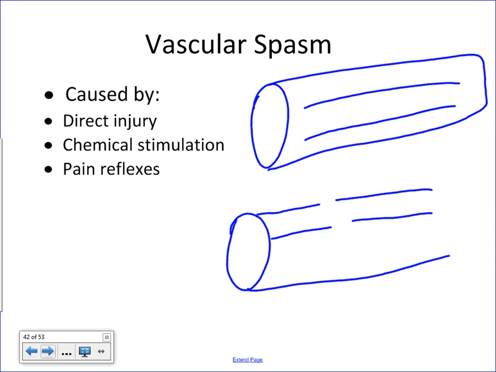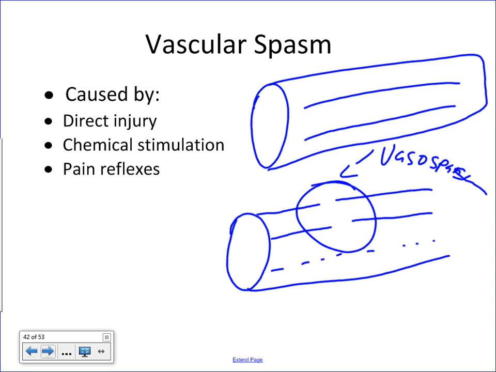The vessel itself is going to constrict, especially in the area where the damage took place. That's going to be a vasospasm, a vascular spasm. Now, what's going to cause that?